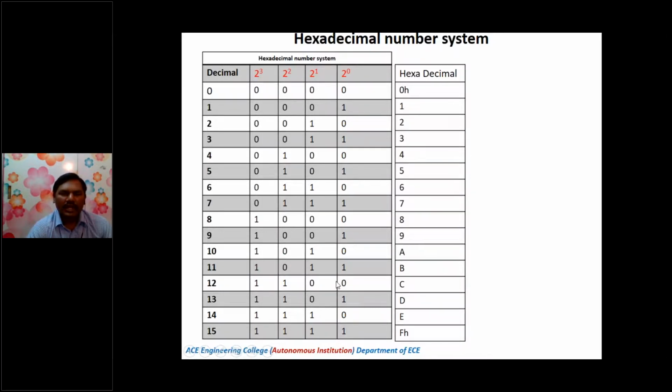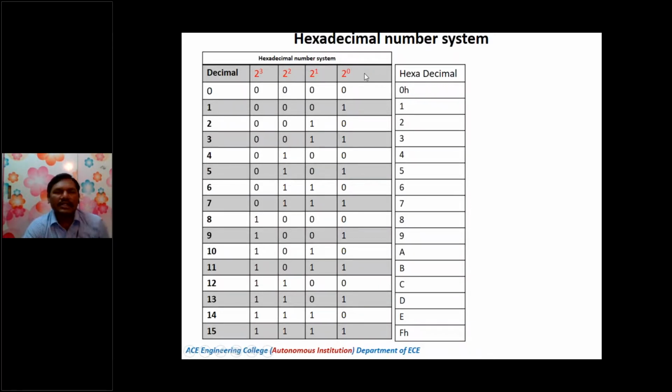After 9, we have 10, 11, 12, 13, 14, and 15, but in the place of 10 we take A, and 11 is B, 12 is C, 13 is D, 14 is E, and 15 is F. If it is 16, it will be represented as 10H.